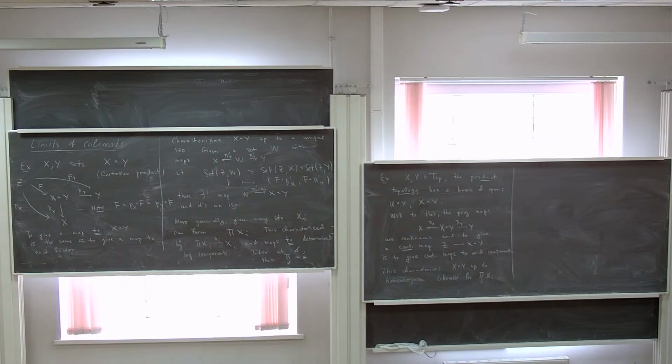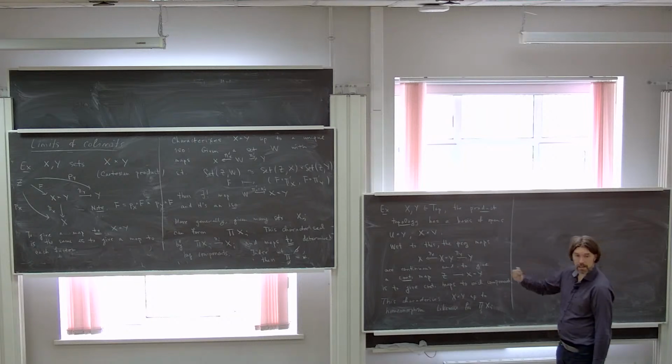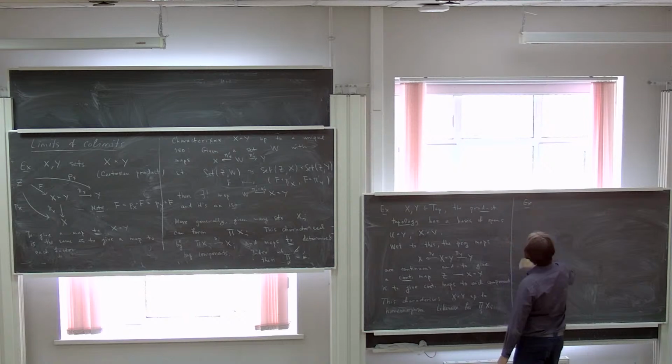Okay, so that's about how to map to things and how to characterize objects for which you know how to map to them. There's a dual notion of mapping out of things. I could have taken the disjoint union of sets.